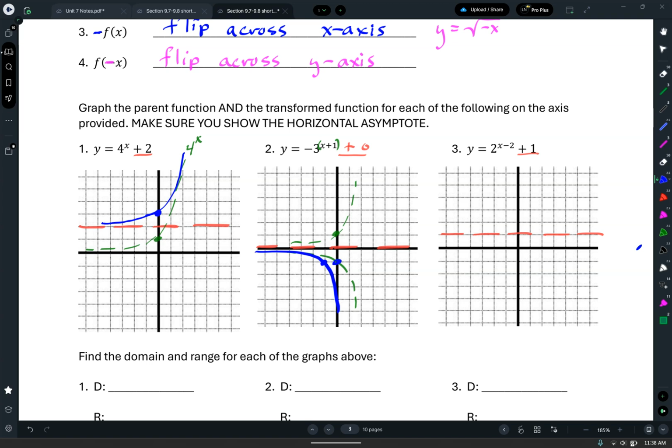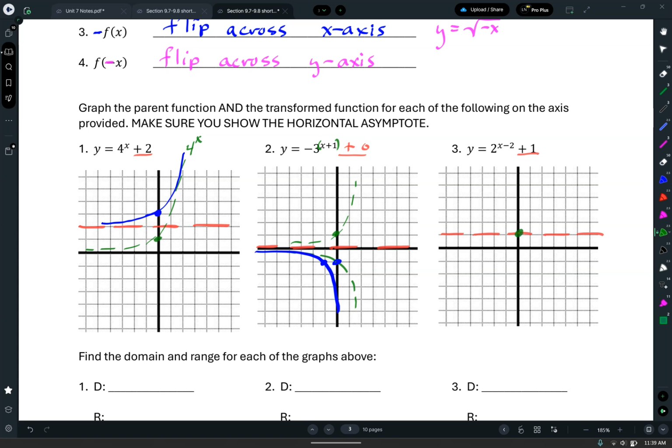Now, I'm not saying you have to put all of this stuff on there. This is just me trying to help a lot of people see what's going on. So maybe I'll draw a little bit less on the next one. Instead of drawing the full basic parent function, maybe I will just think about where it starts. Well, I know the basic parent function goes through the y-axis right there.